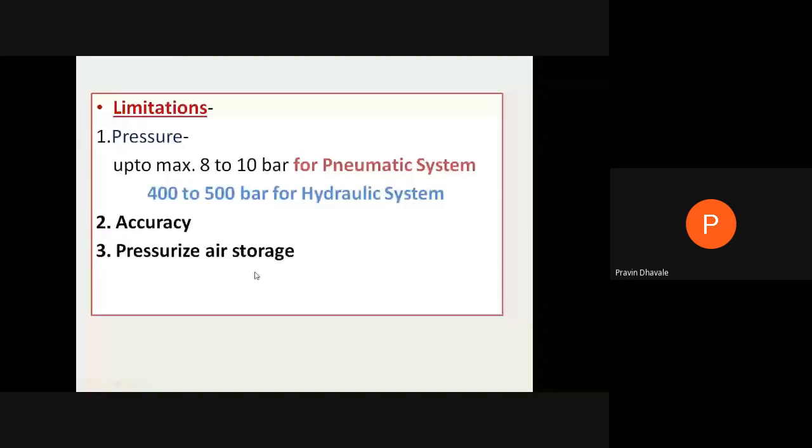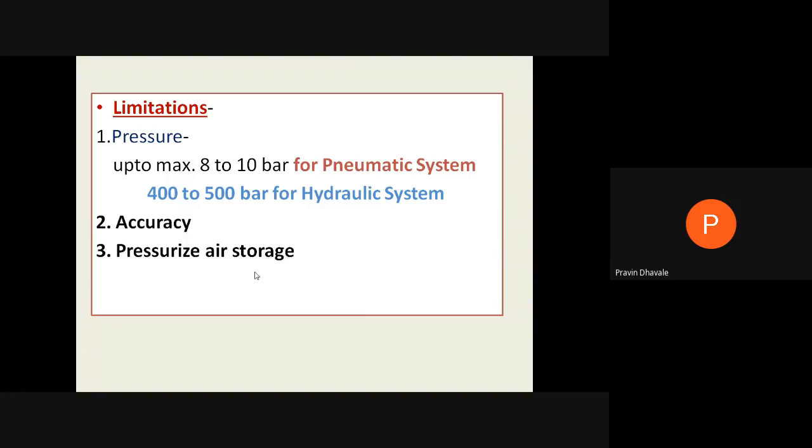As far as pressure is concerned, all kinds of pneumatic systems operate up to a maximum pressure of 10 bar. It may range from 8 to 10 bar, which is very less as compared to the hydraulic system. Those are operating at a pressure range from 400 to 500 bar, right?